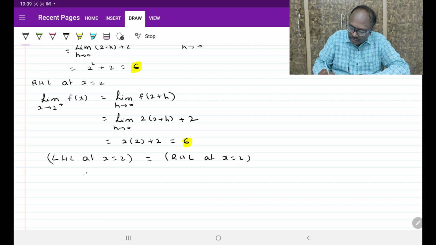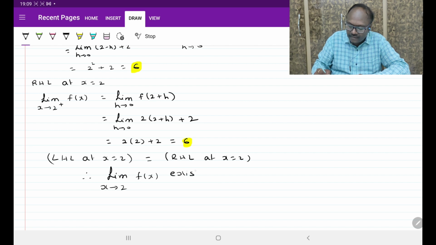Therefore, limit x tends to 2 f of x exists. If they are not equal, we simply say limit does not exist. So in this case, since the left hand limit and right hand limit are equal, we say the limit exists, and therefore limit x tends to 2 f of x is equal to 6.